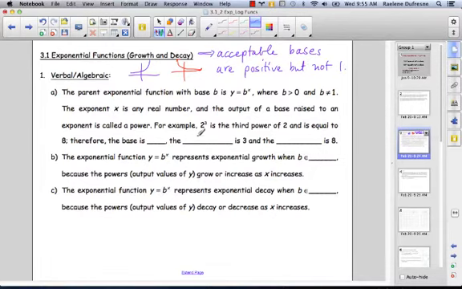Okay, furthermore, if we have the expression 2 to the 3, we can read this as 2 to the exponent 3 as the third power of 2.